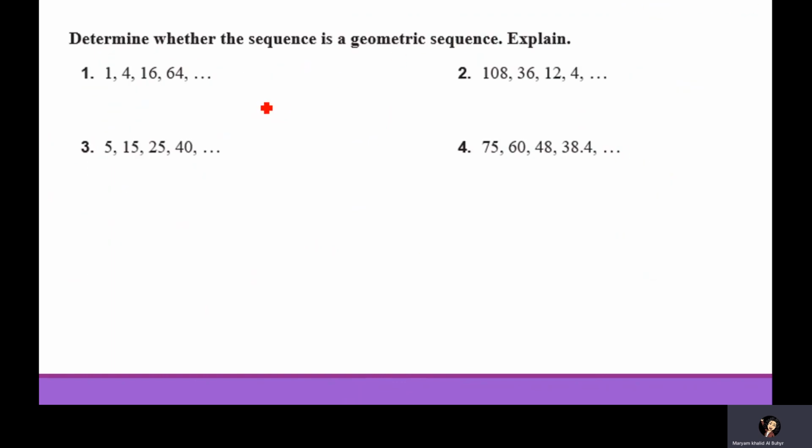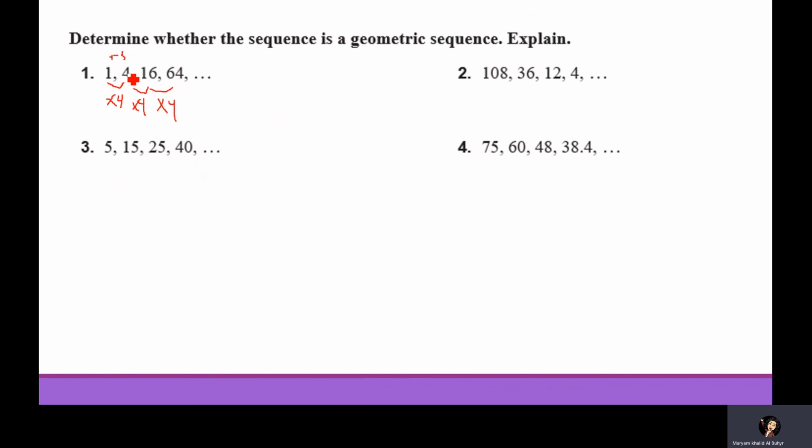Finally, which is the last lesson, just determine whether the sequence is a geometric sequence. You will figure out if the common ratio is constant, you will say it's geometric. If it's not, you will say it is not. So let's see the first one. From 1 to 4, we multiply by 4. From 4 to 16, we multiply by 4. You might have started wrongly, I mean, you might say, okay, miss, I'll plus 3.